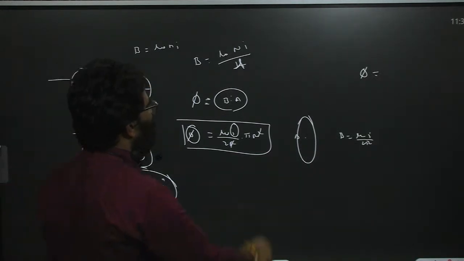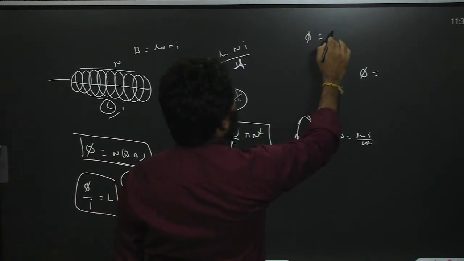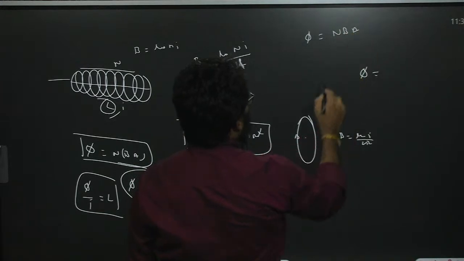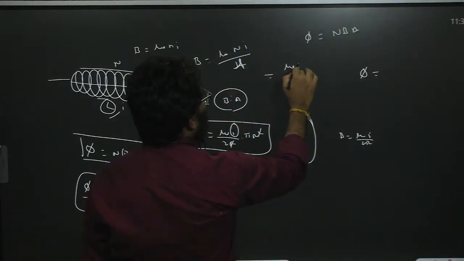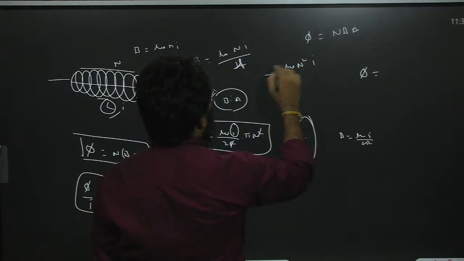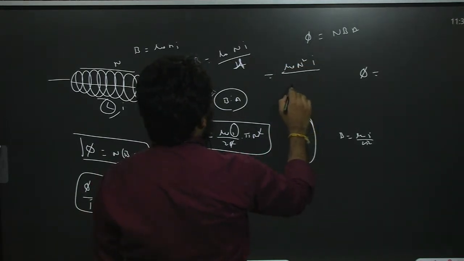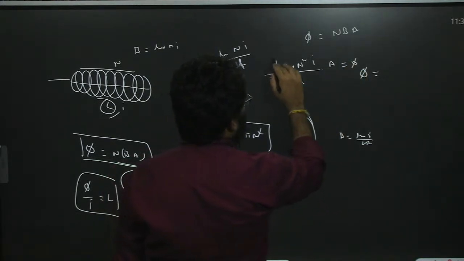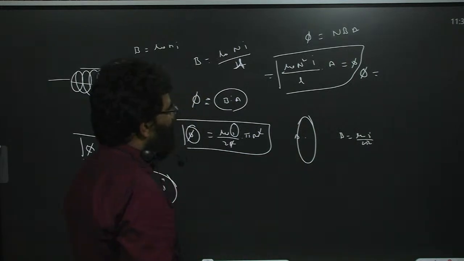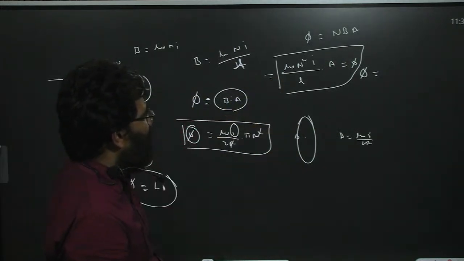Flux due to the solenoid, with N loops, is equal to N into B into A. Substituting, mu naught N square I by L into A. That is the flux. Flux due to the solenoid is mu naught N square I A by L.